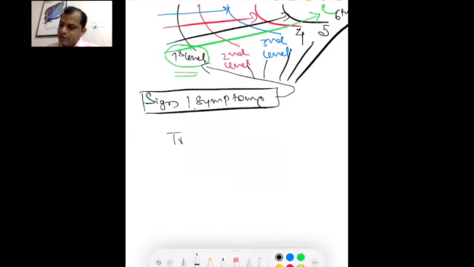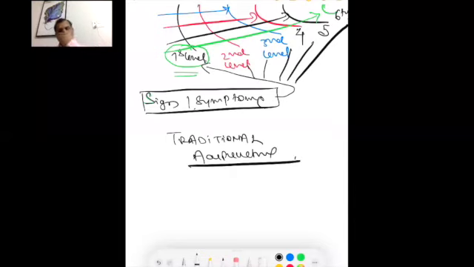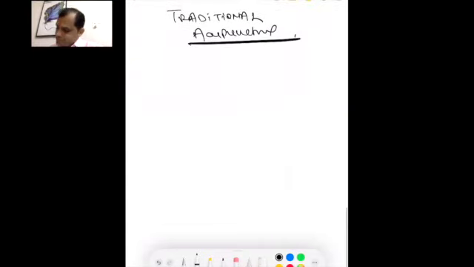In the traditional acupuncture, all these layers have been explained very nicely.